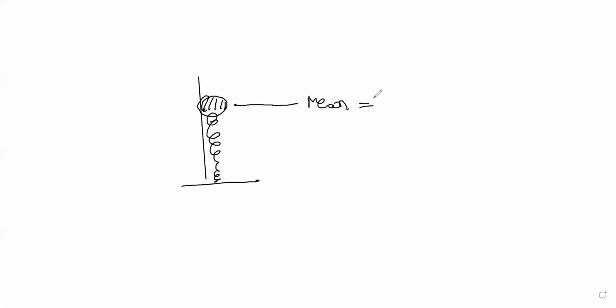At the mean position, we assume the potential energy of the spring is 0 because it is neither compressed nor expanded.